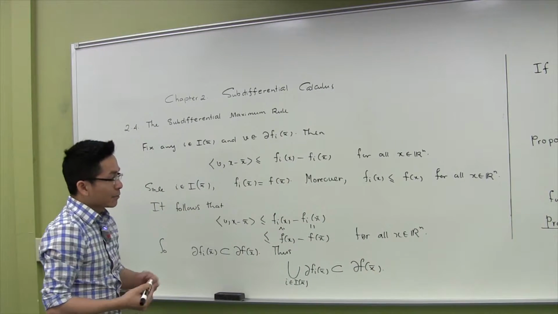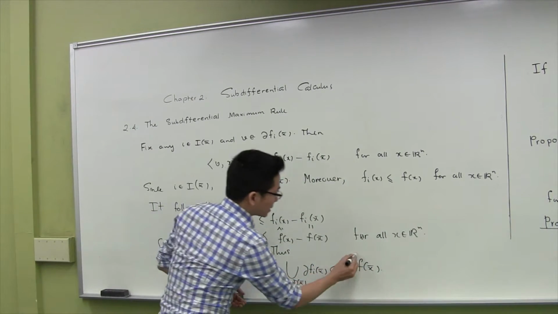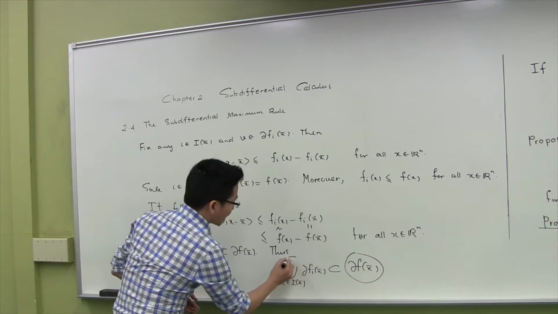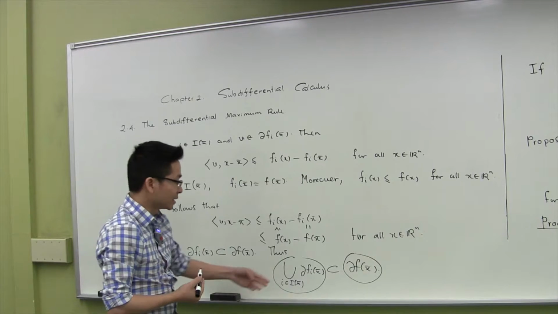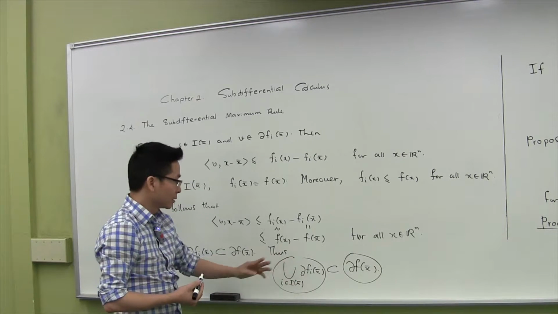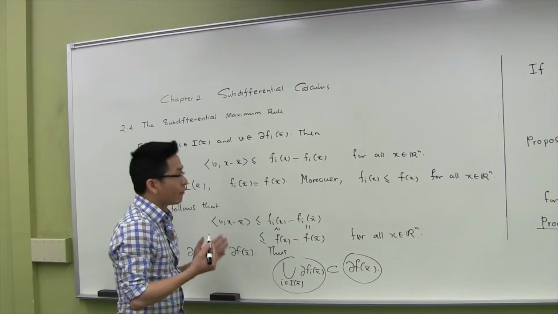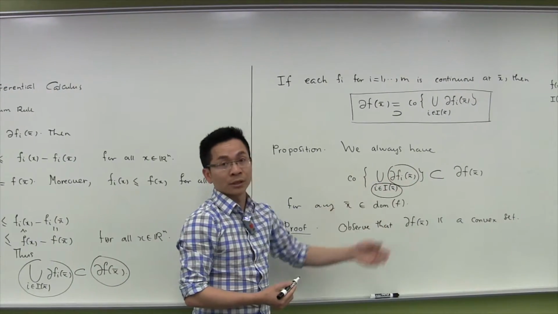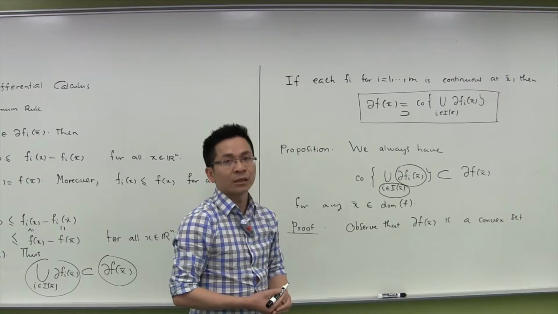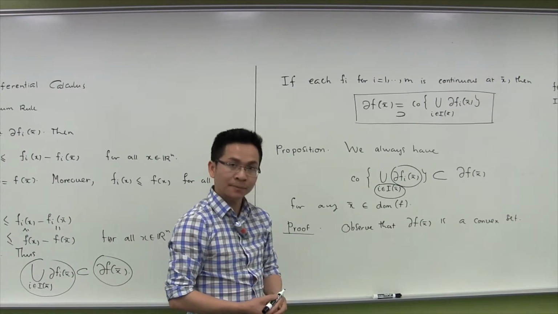And as I mentioned earlier, this set is convex. So the convex hull of this set is the smallest convex set containing the set. So from here, we obviously obtain this inclusion. Therefore, the proof of the proposition is complete.